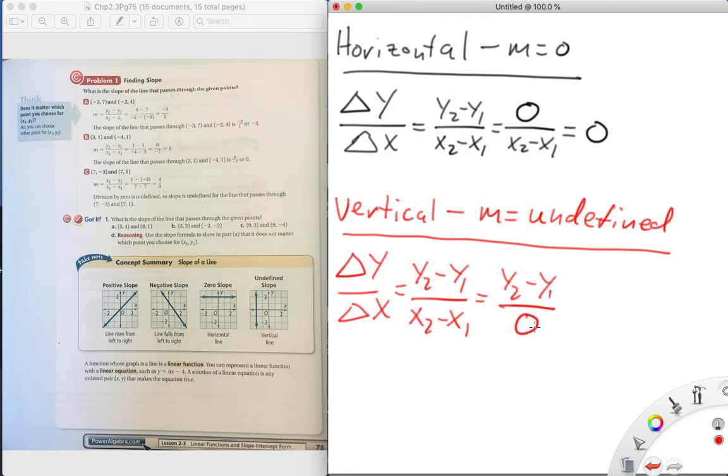Now, we can't divide by 0. If you grabbed your calculator and tried to divide by 0, your calculator would say undefined or does not exist. So you can't divide by 0. So we would have undefined.